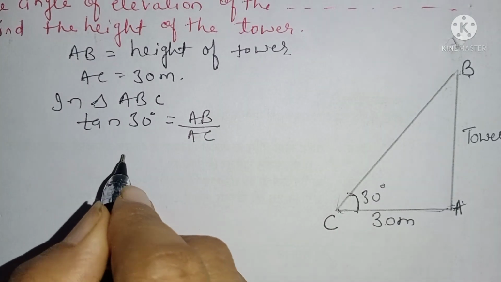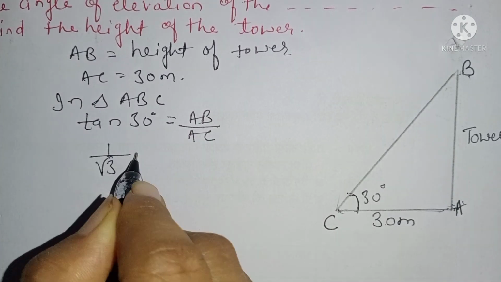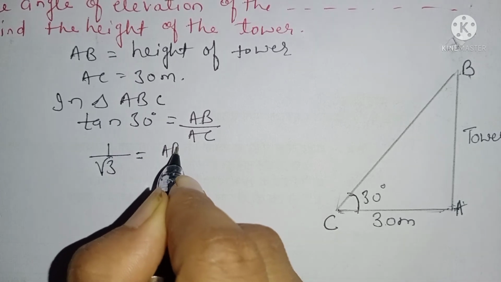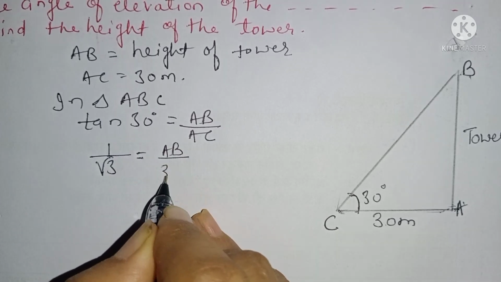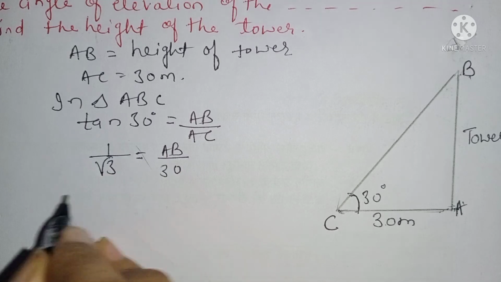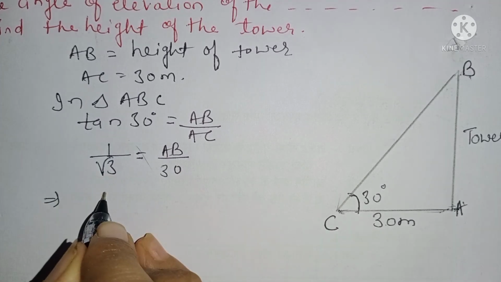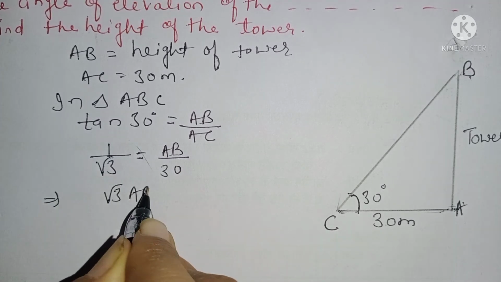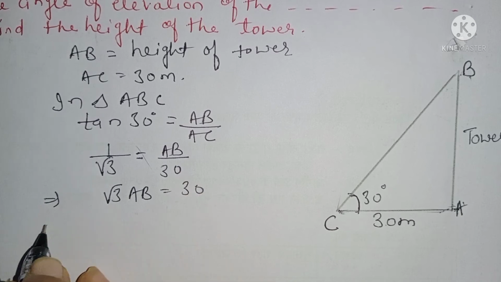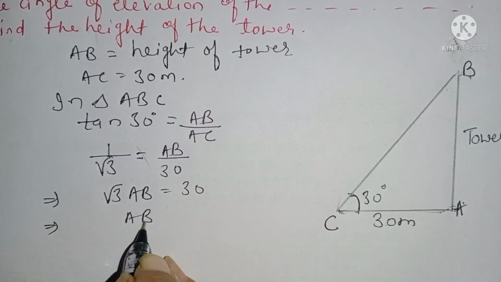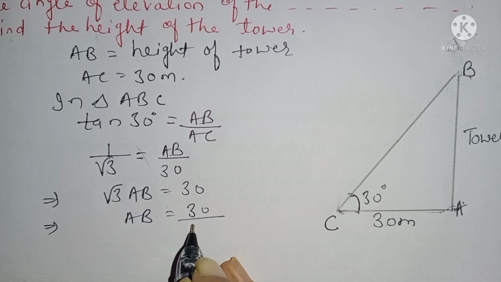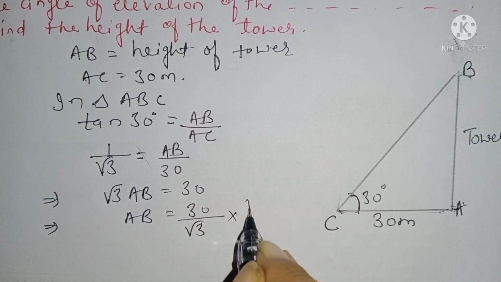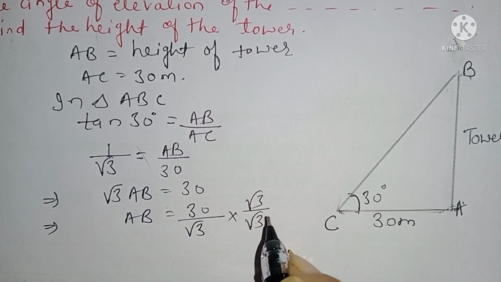Now tan 30, you know that the value of tan 30 is 1 by root 3. And AB is the height of the tower which we need to find out, and AC is equal to 30. Now by cross multiplication, you will get root 3 AB is equal to 30. That is AB is equal to 30 upon root 3. So we can rationalize it. Root 3 multiplied by root 3.